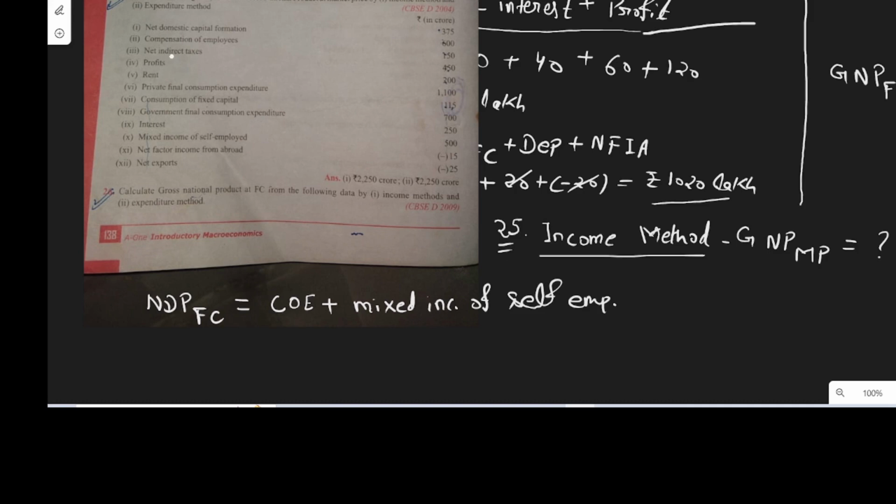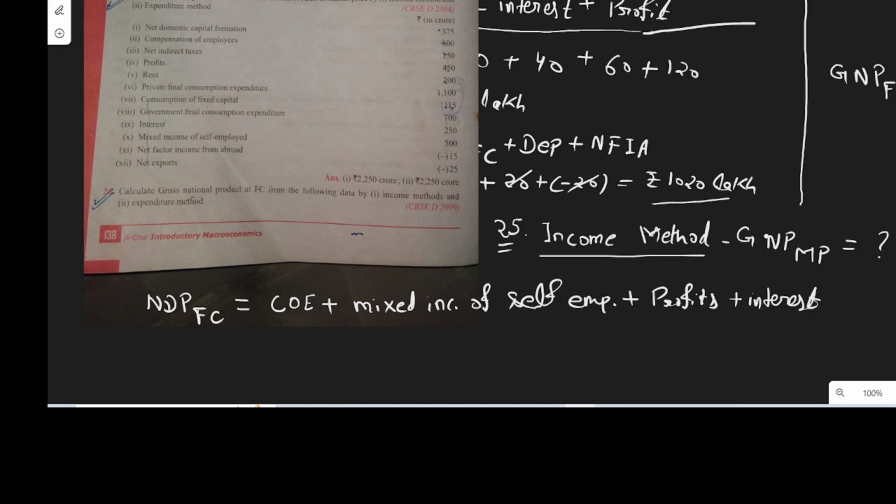We can see now serial-wise what part of operating surplus we are given. First, profits are given, so first I am writing profits. Then we are given interest. Interest is also part of operating surplus. Are we given anything else?